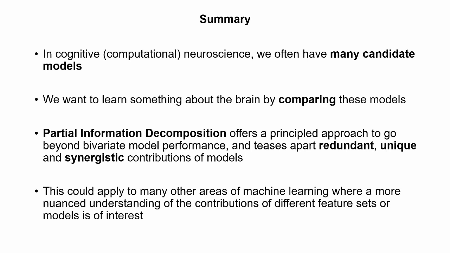So if you have some big model and you have another big model, and now you're wondering whether it would make sense to train something that combines these 2 big models, which you maybe can't even afford with your current small GPU, then this tool might help you in assessing whether it might make sense, because you might have some synergistic interactions going on, or some unique interactions. So that's all from my side. Thanks very much for your attention, and I'm looking forward to your questions.